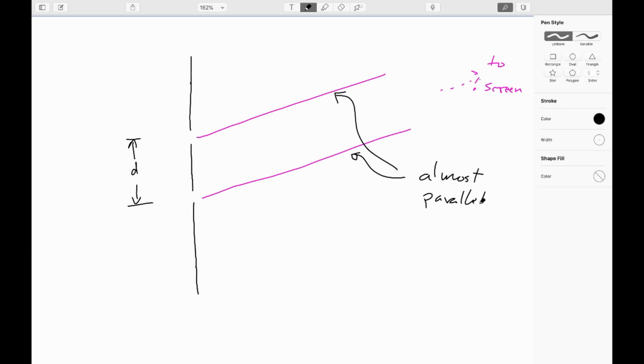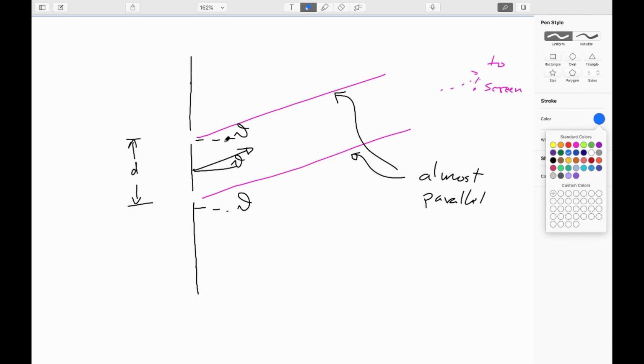So to be clear, they're not parallel. They are going to intersect at the screen. But at any scale that you would attempt to draw this, there is no way that your eye could distinguish this from something that actually is parallel. So to approximate it, in order to get our angle here, so this angle off to the interference max on the screen, theta, we can go ahead and say this angle will be theta, that angle will be theta, and so forth.